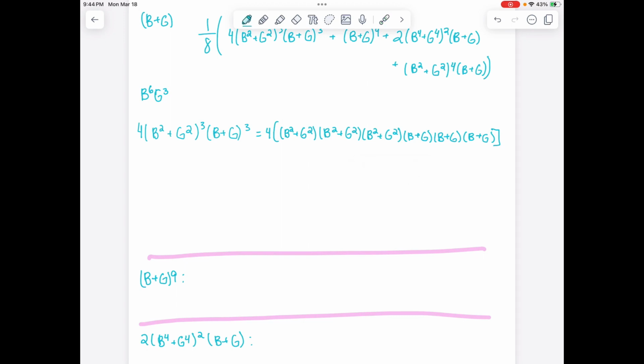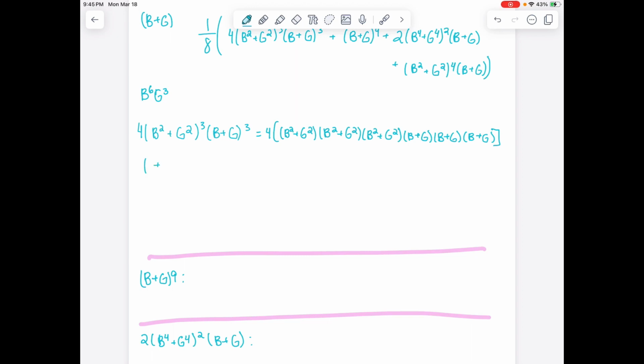Since the green has a power of 3, it can either be that we take one of these and get g squared, and then we'd have to take one of these and get g, or we could do all 3 g from here. So if we do that second option, all 3 g from here, then there's only one way to do that, and then this leaves all of b to the 6th from the left side. So that's one way.